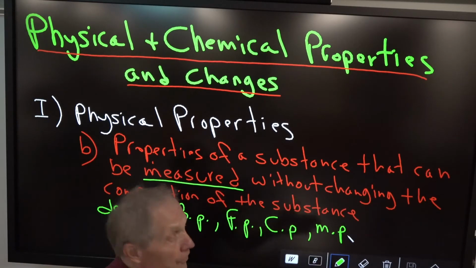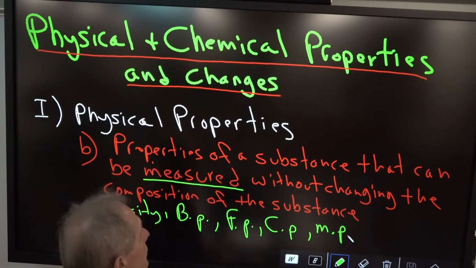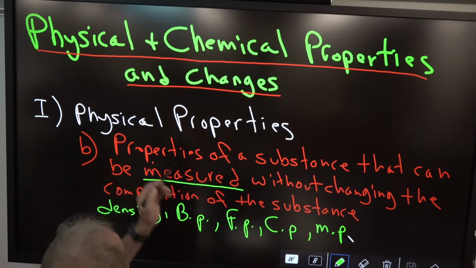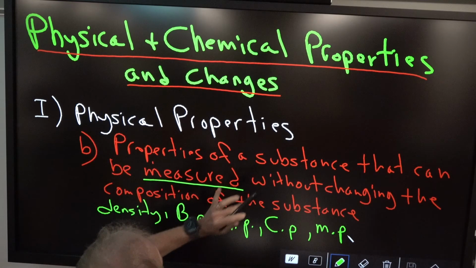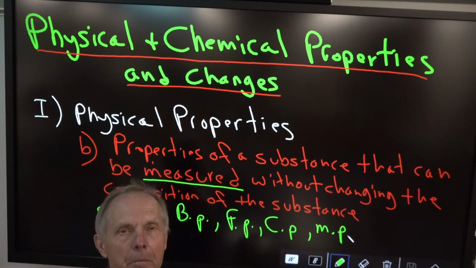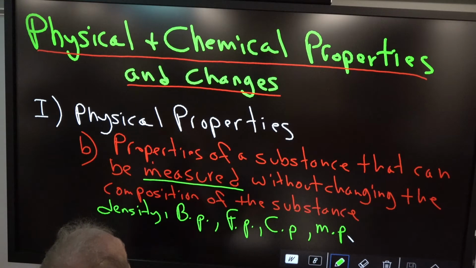And these are all things we can measure, but they absolutely do not change the composition of the substance. Okay, so these are physical properties. Two things, observation and measured. Okay, so now let's go to physical changes.